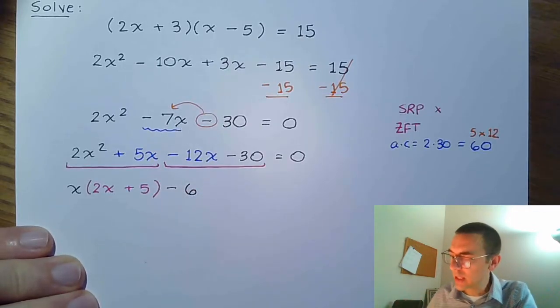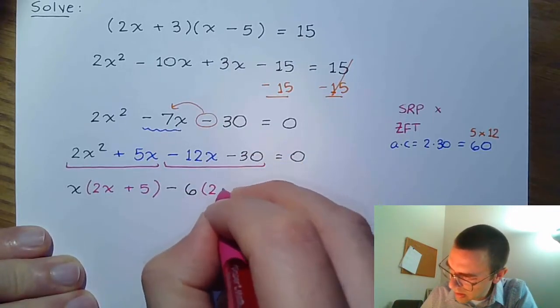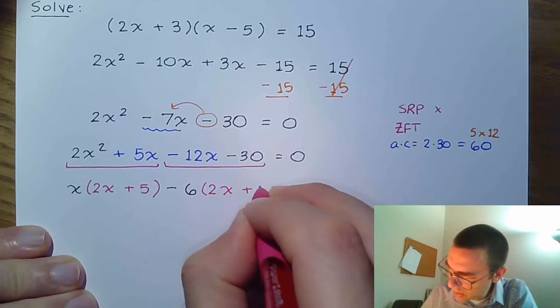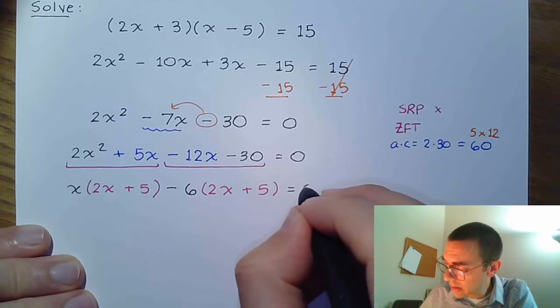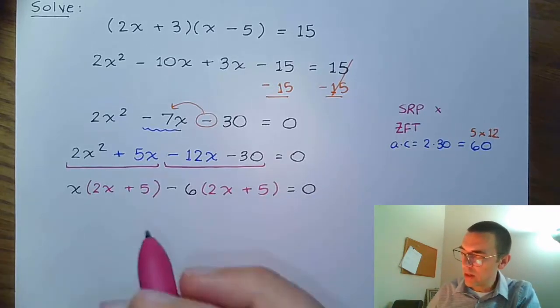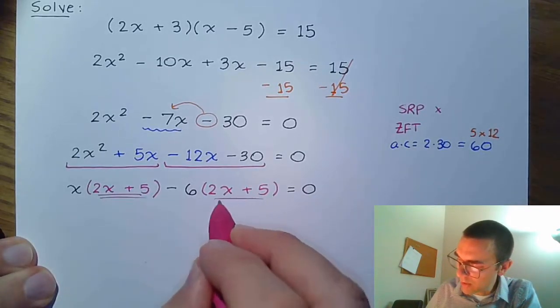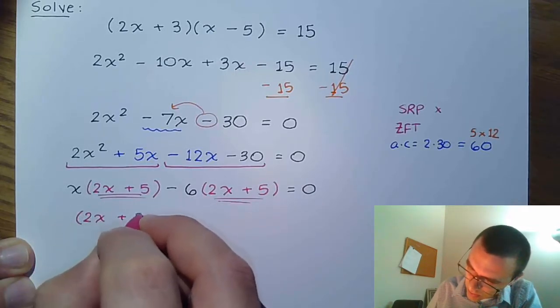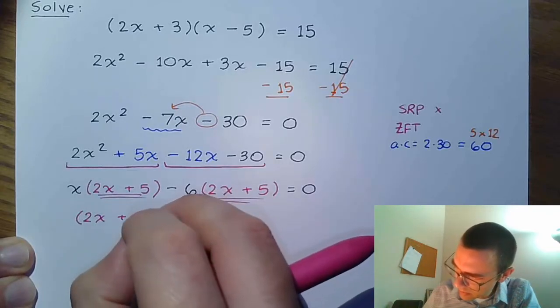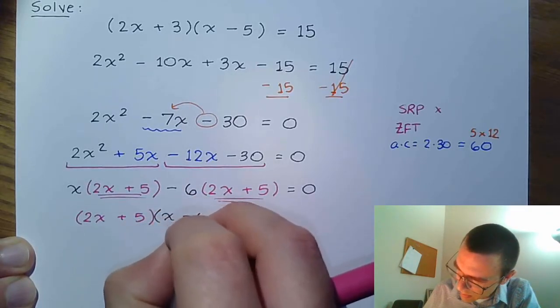So I'm going to divide out the negative 6, and I'm left with 2x plus 5 yet again, which is exactly what we want. Okay? So this is your big common factor. So that's going to go in front, so 2x plus 5 times x minus 6.